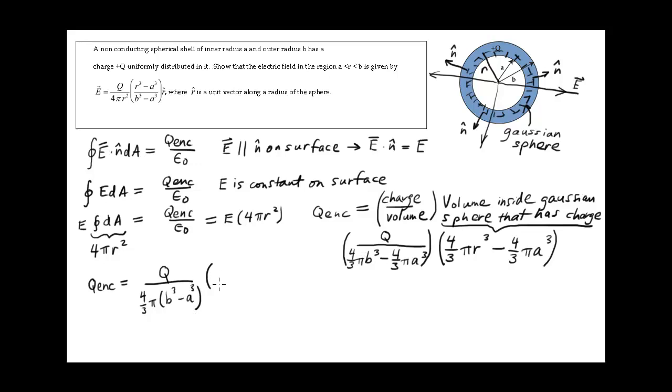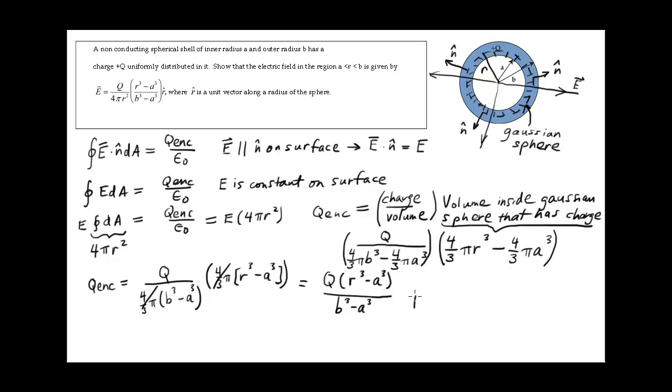And then it multiplies 4/3 pi times r cubed minus a cubed. So for Q enclosed, the 4/3 pi term cancels out because it's present in both the numerator and denominator, and we're left with Q times r cubed minus a cubed over b cubed minus a cubed. That's our Q enclosed. And as a result, we're ready to solve for E.